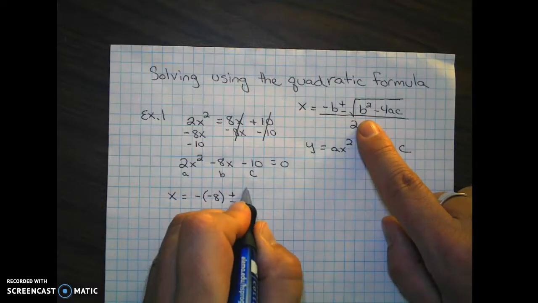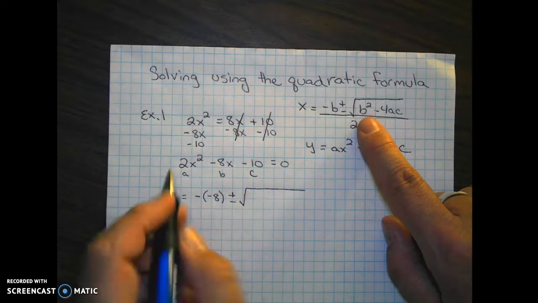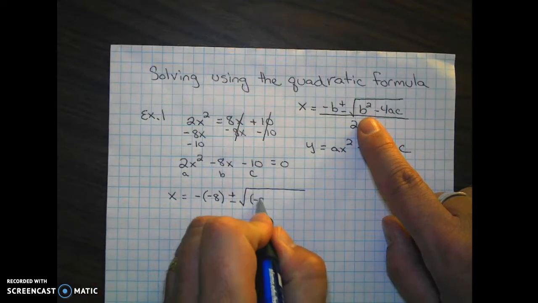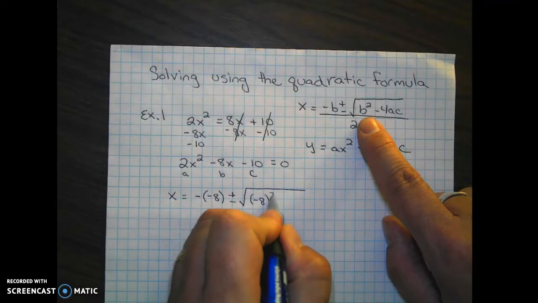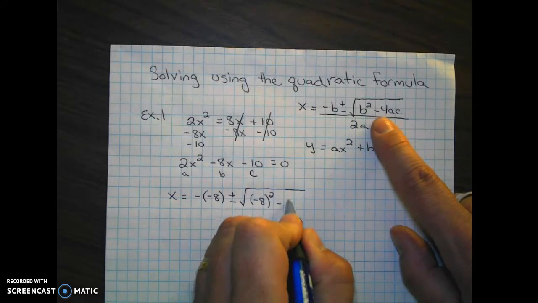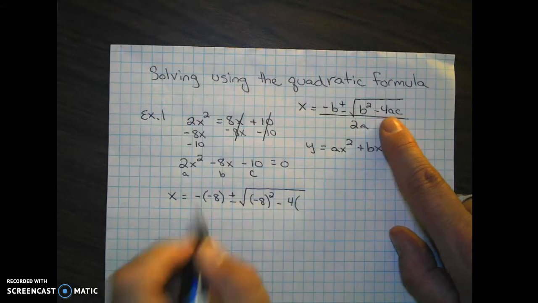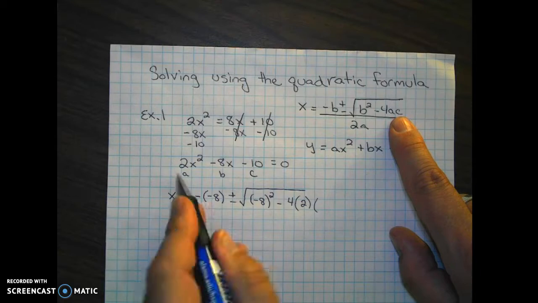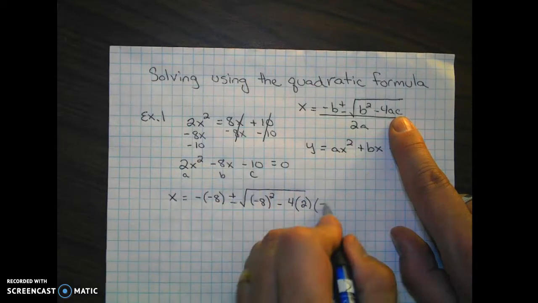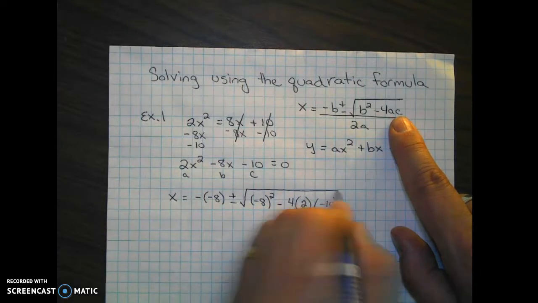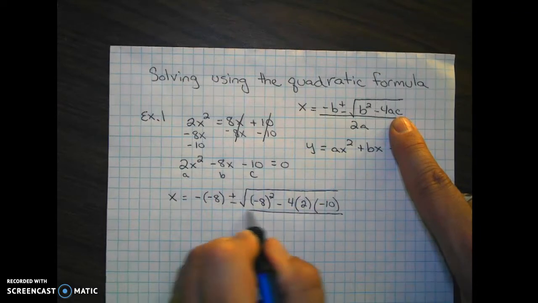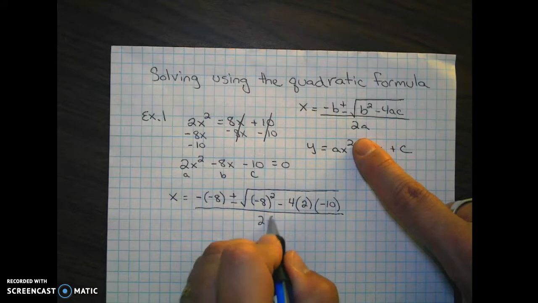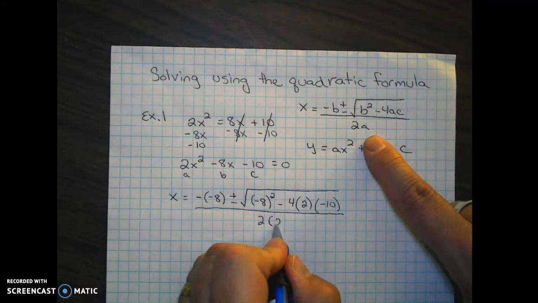The square root, okay, plugging the b in, since our b is negative 8, please put it into parentheses, minus 4, and then plugging in the a value, which is 2, plugging in the c value, which is negative 10, and we're going to divide that whole thing by 2 times a, which is 2.